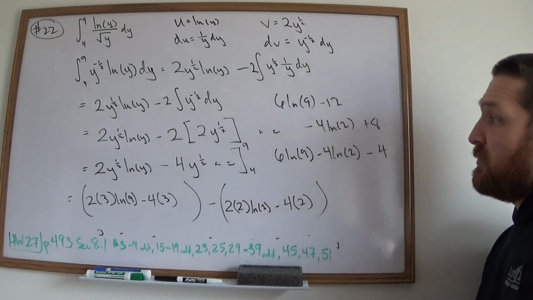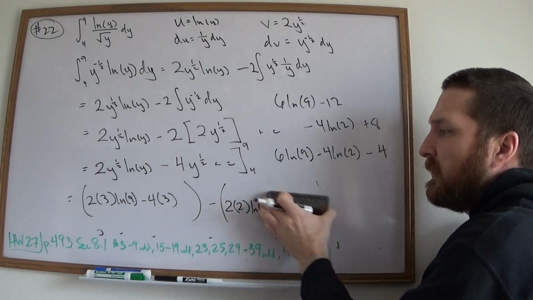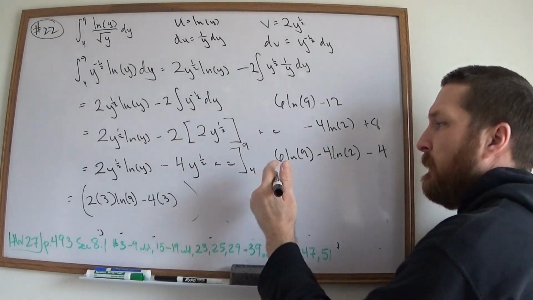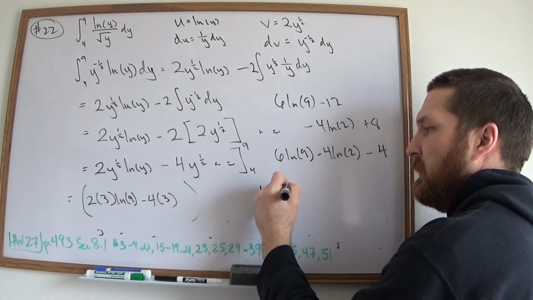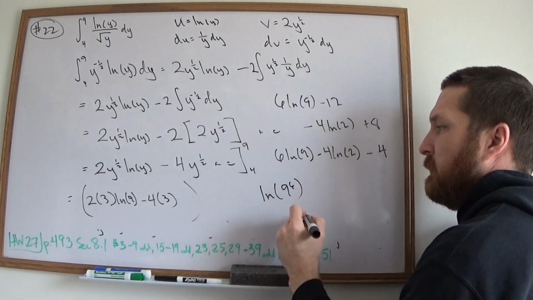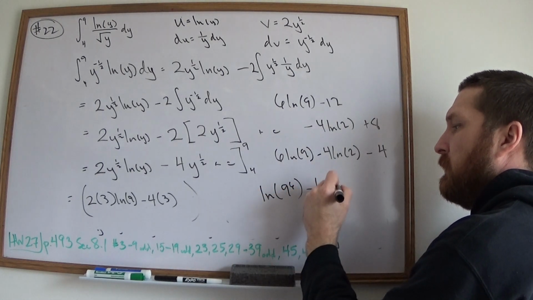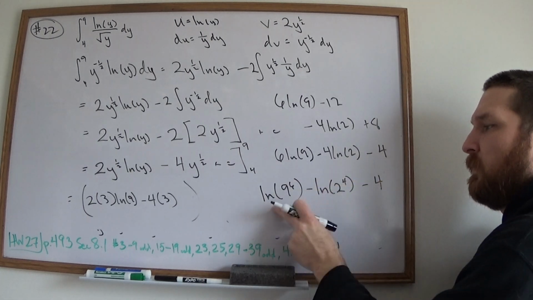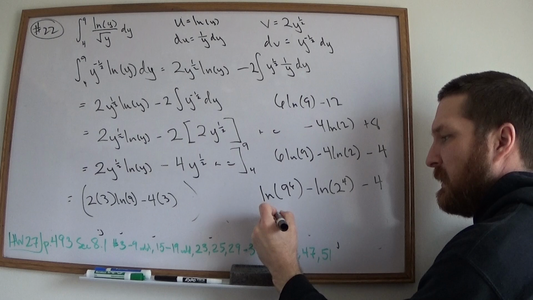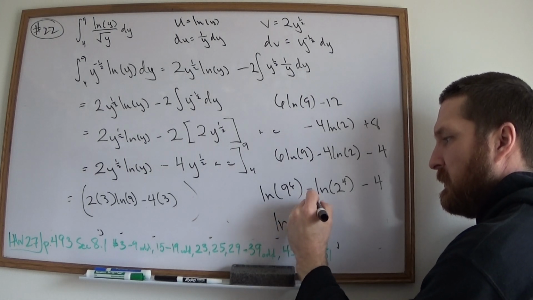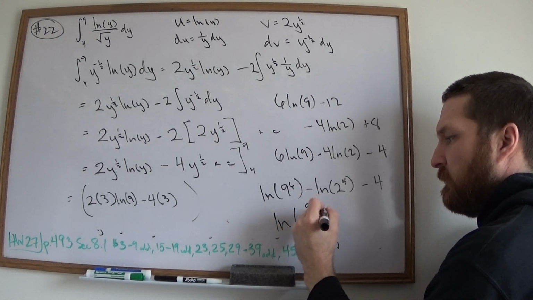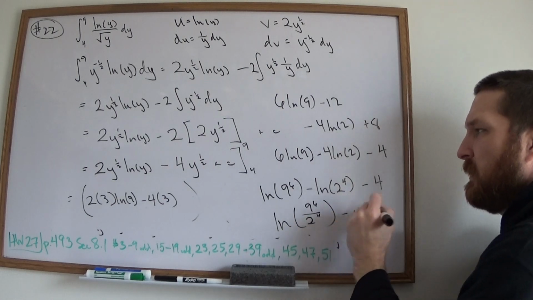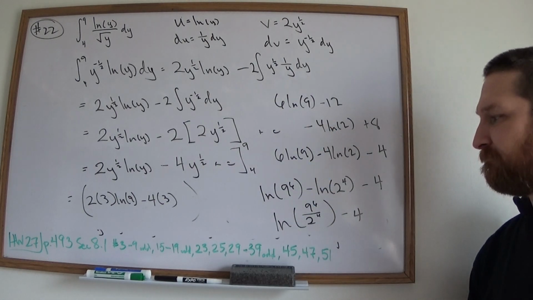Yeah. So there you go. That's how it might look in the back of the book. They might have done something like this. Log 9 to the 6th power, minus log 2 to the 4th power, minus 4, which could be combined as log of 9 to the 6th over 2 to the 4, minus 4. Any one of those looks good.